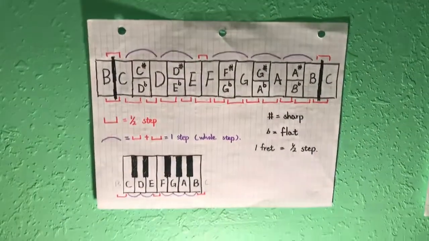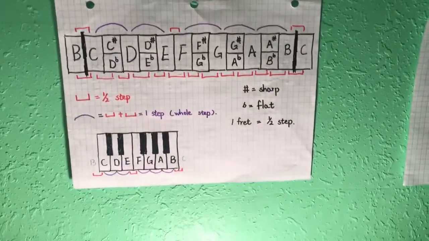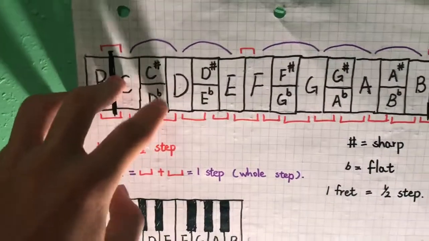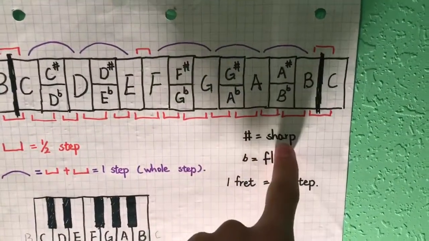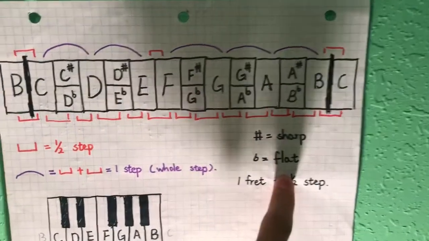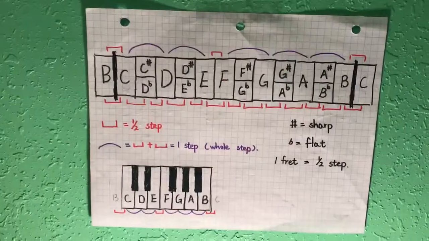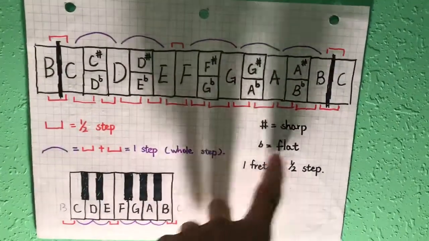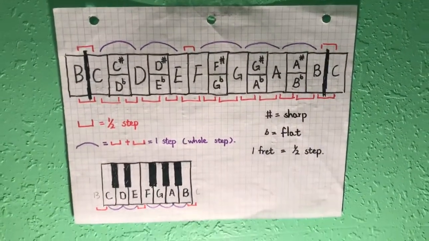Okay, what the heck is a C sharp and what the heck is a D flat? You see this symbol and this symbol? This means sharp and this means flat. Sharp means a little bit higher than its original sound, and flat means the opposite, a little bit lower than its original sound.